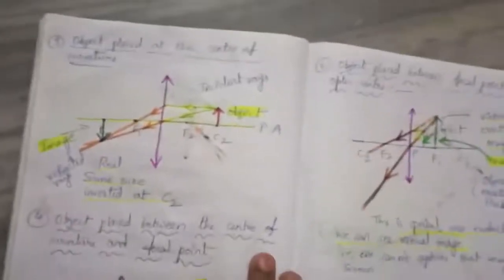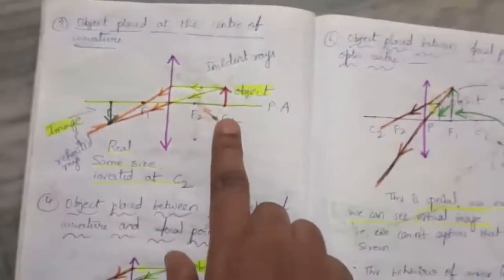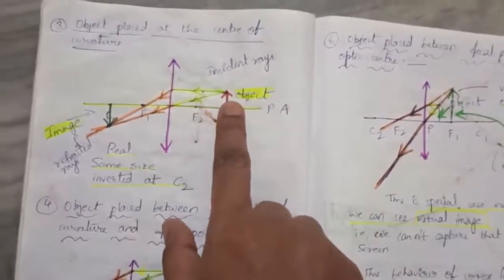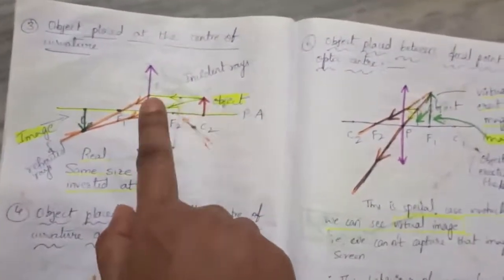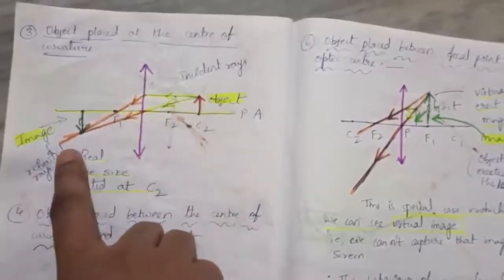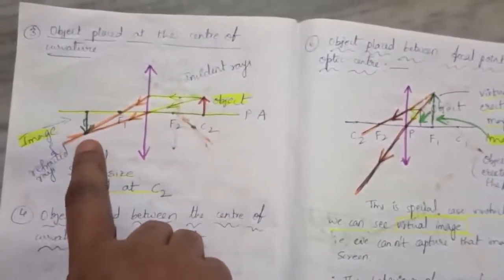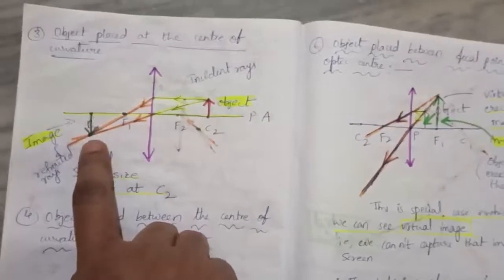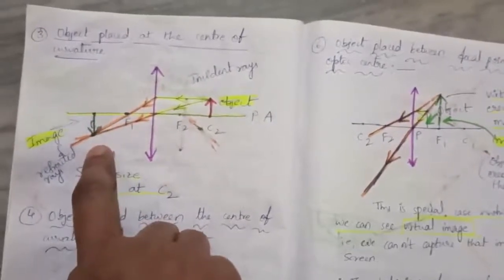And coming to the object placed at the center of curvature, the same two rays, children. One is parallel to the principal axis and another one through the center of curvature. We got a point of intersection at center of curvature 2.